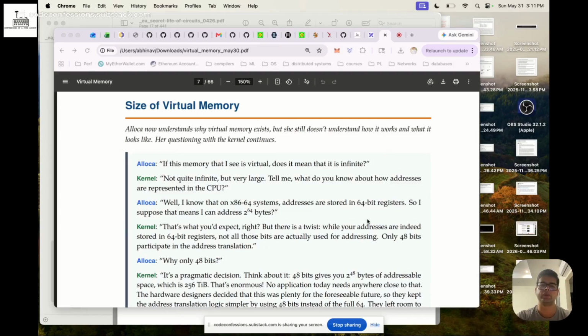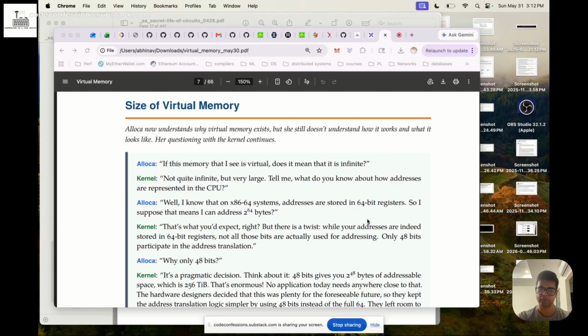And in this video, we are going to talk about the size of virtual address space of the process. Before starting, let's quickly recap what we talked about in the last video. We learned that virtual memory exists as a mechanism for the operating system to safely share physical memory amongst multiple processes that are running concurrently on the same system.